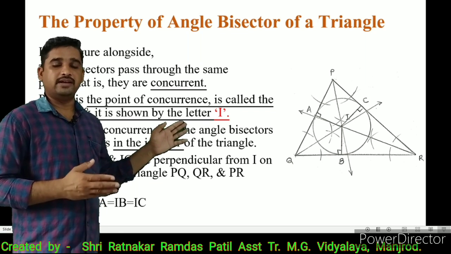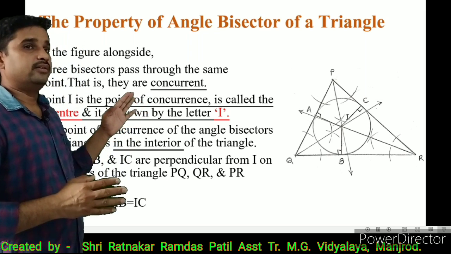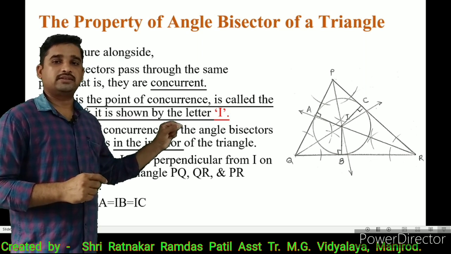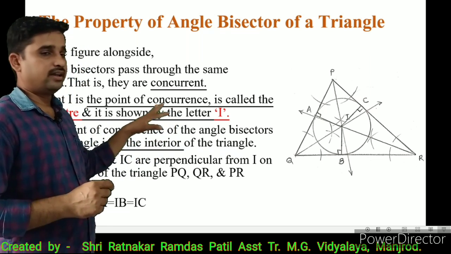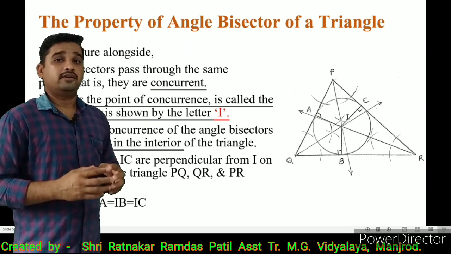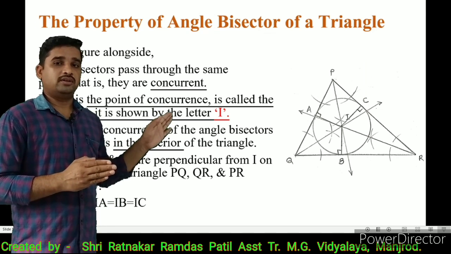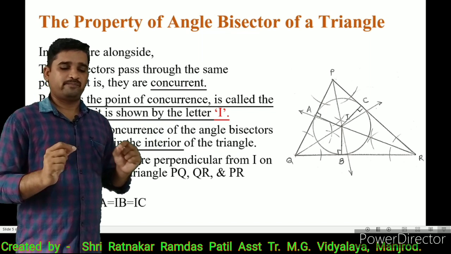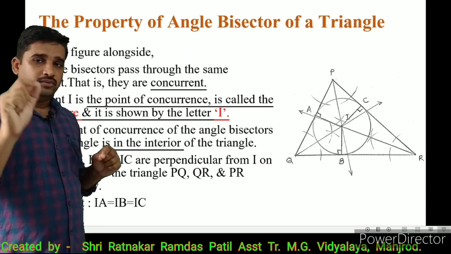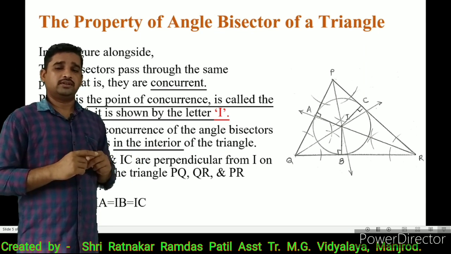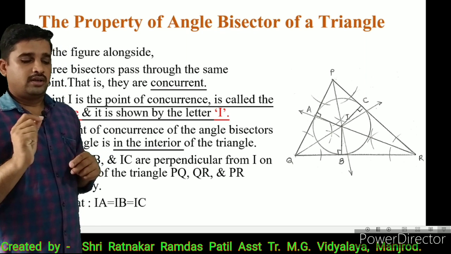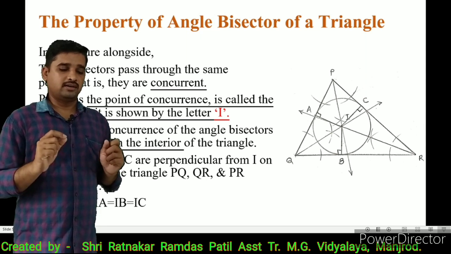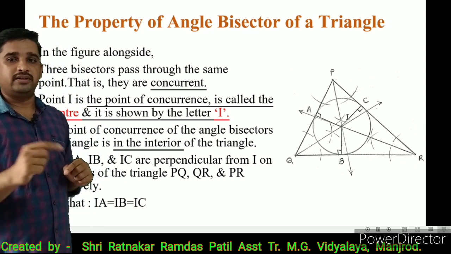They pass through the same point, and that point is called the point of concurrence, that is I. This point is called the incenter, and it is denoted by the letter I. Here one point is also to be noted. What is the point? The point of concurrence of the angle bisectors of a triangle is in the interior of the triangle.